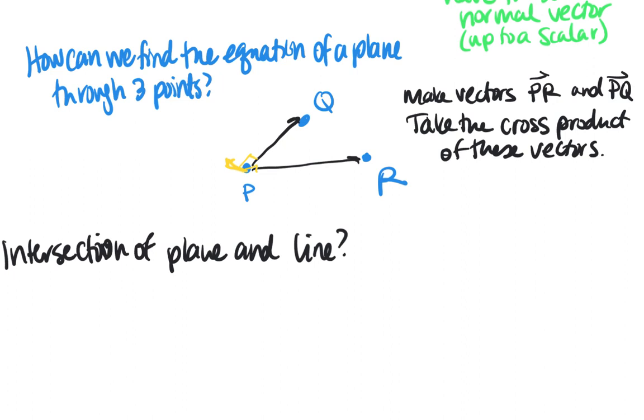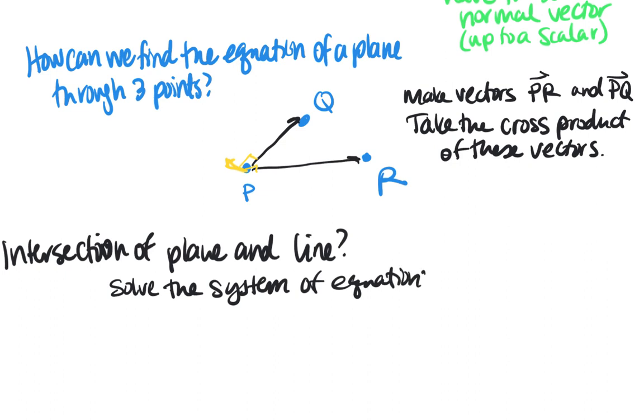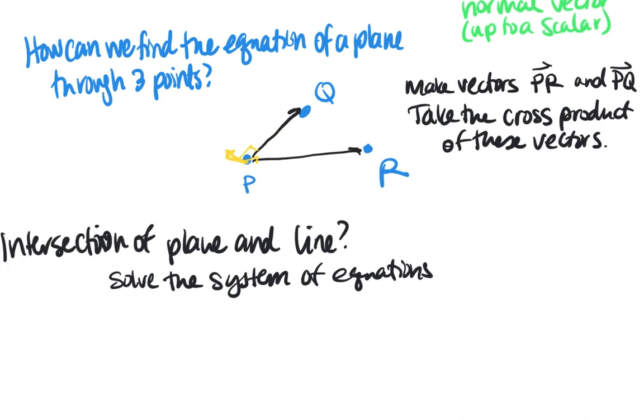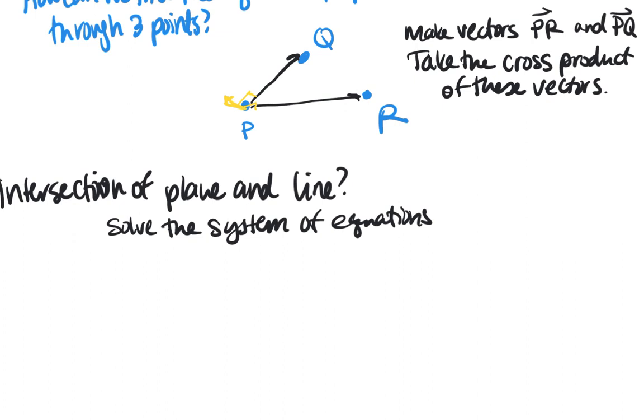You're just going to solve the system of equations. Or if the line is parametric, you can just plug it straight in, solve for that, and go from there. That should be pretty straightforward.